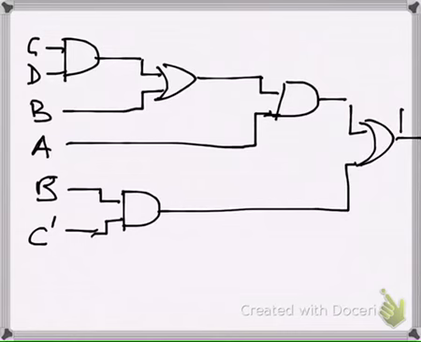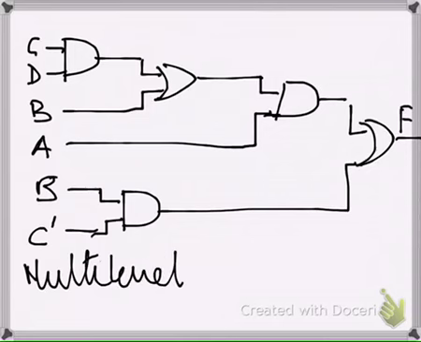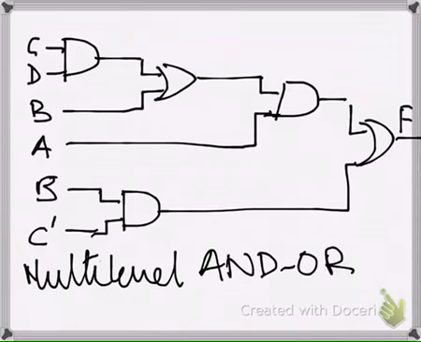So finally I get F. So this is a multi-level AND OR gate circuit. So how do we convert this into a circuit containing only NAND gates? So what can we do? Let us look at this.